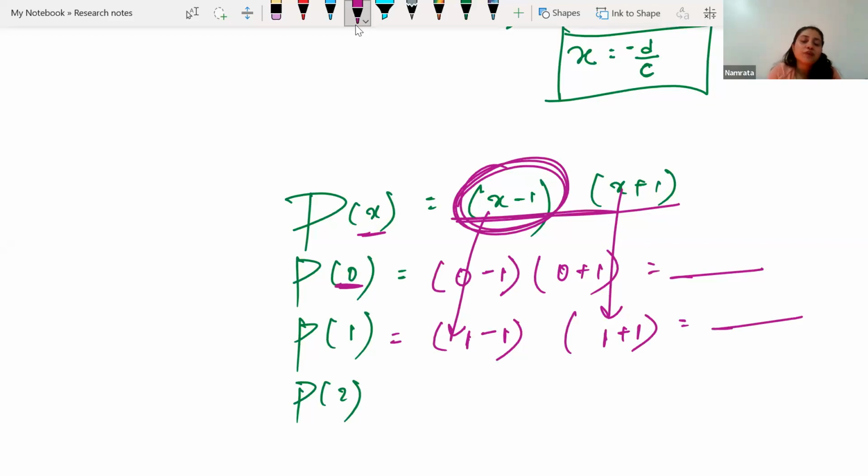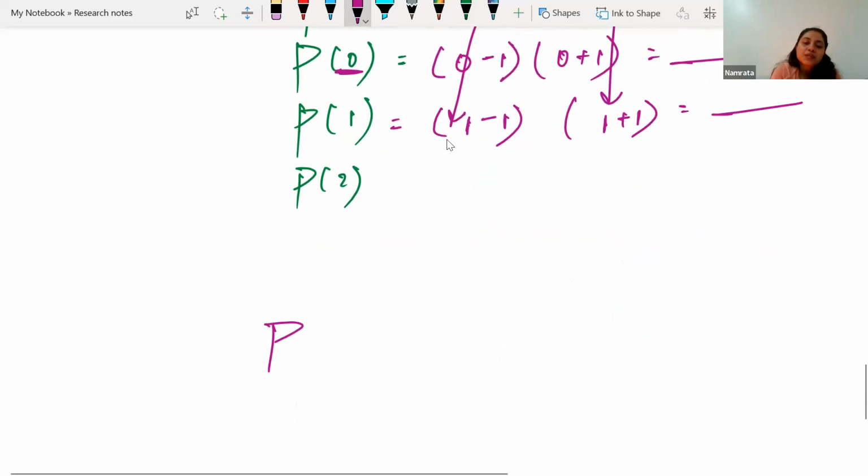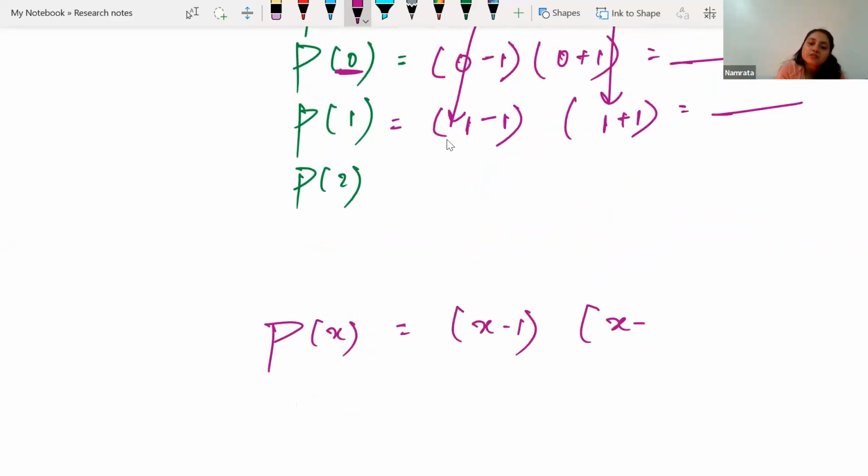For p(2), in the place of x in the original polynomial we will substitute 2. Whatever p we have to find, we will substitute that in the place of the original variable. Let's say p(x) is given as the same polynomial, (x - 1)(x + 1).